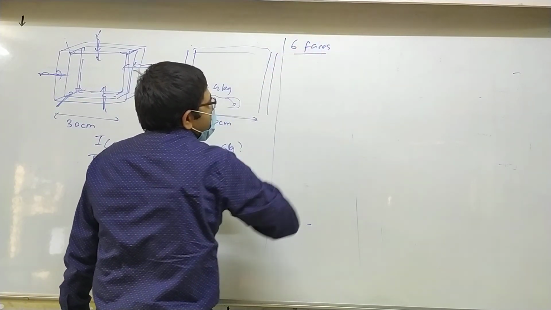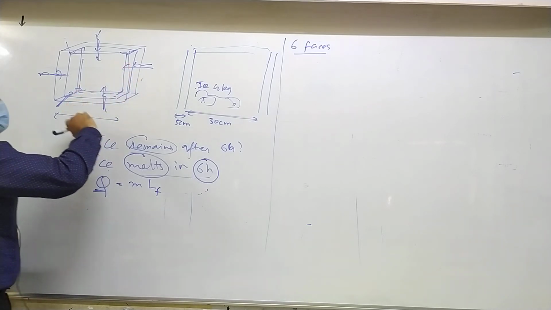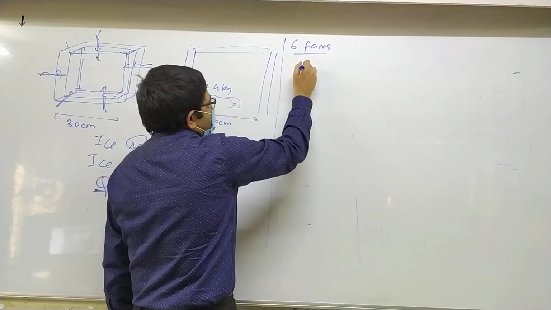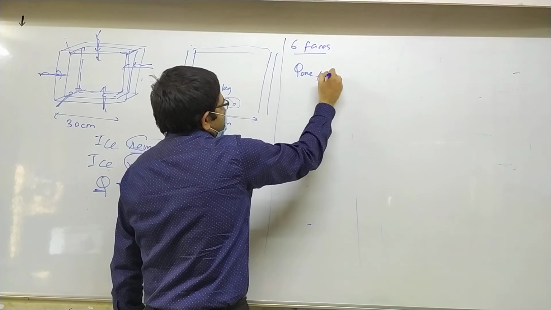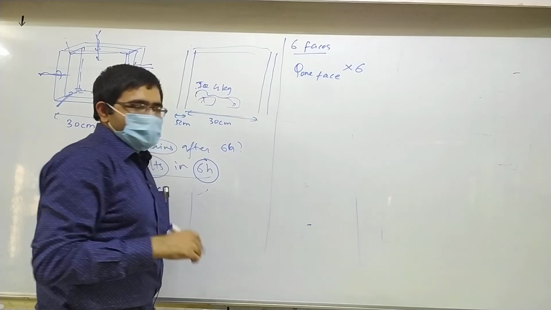And you see, all the 6 faces are going to be in parallel. You might not agree to that so easily, don't worry. If you don't understand that they are in parallel, no problem. I have another way. If we find how much heat flows for one face, and multiply that by 6, do you agree that we'll get the answer?